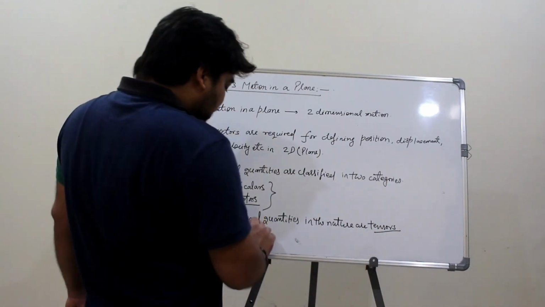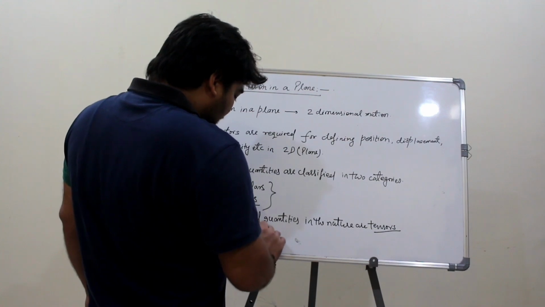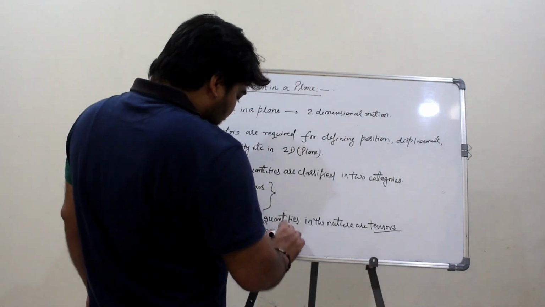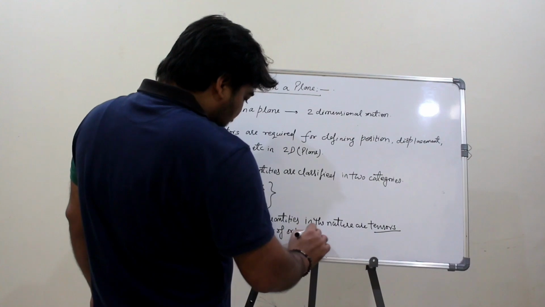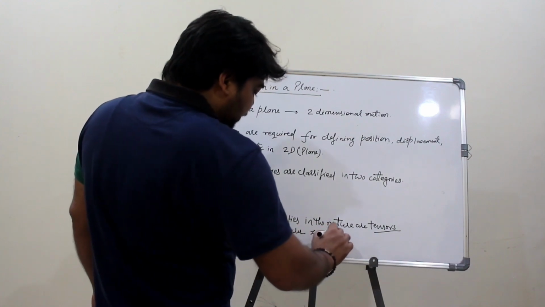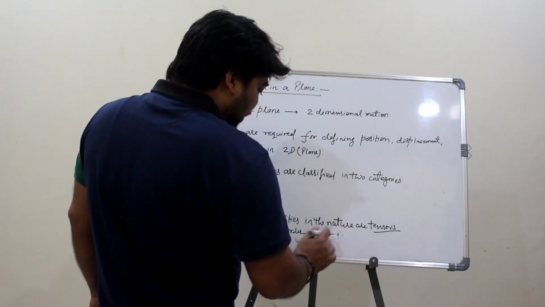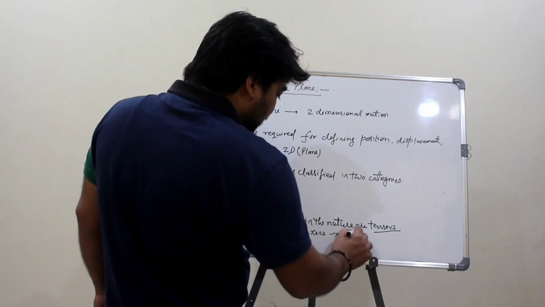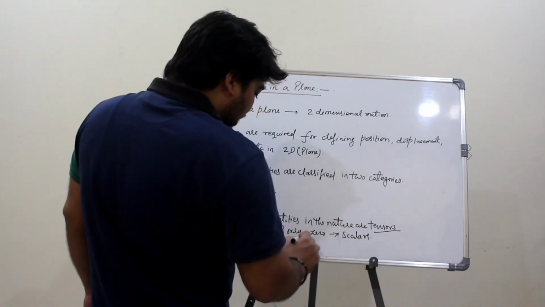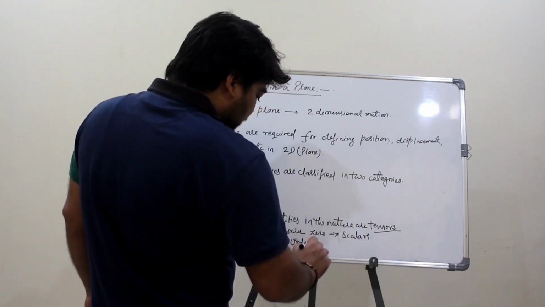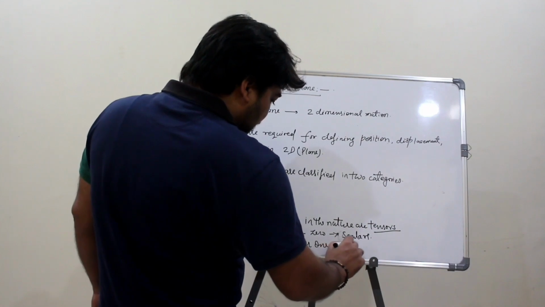Tensors of order 0 are called scalars, and order 1 are vectors.